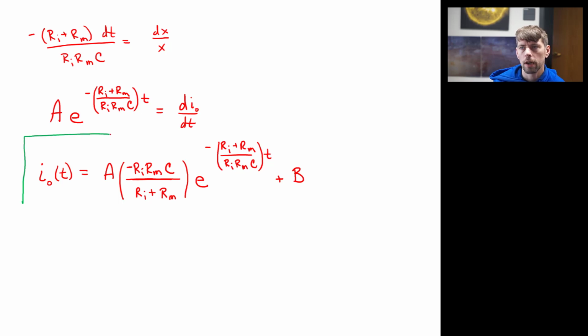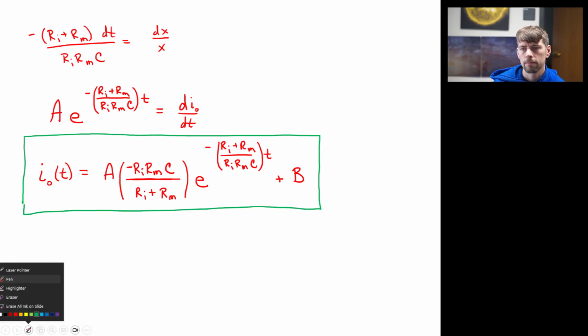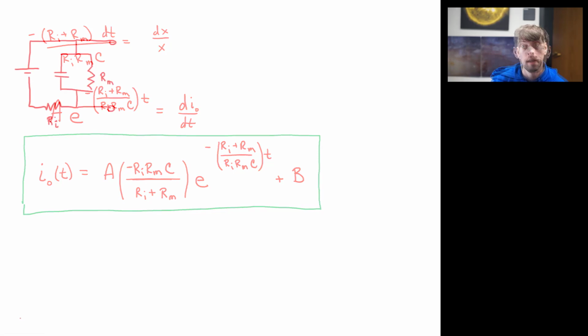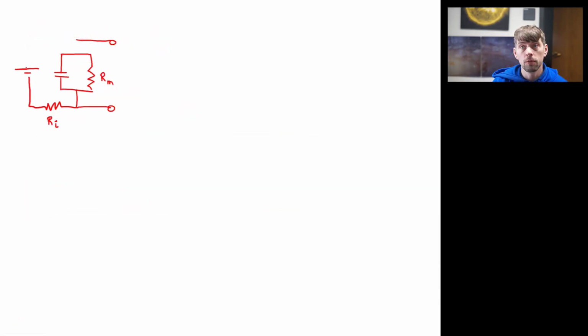We now have the current that is coming from the battery. Yes, it's ugly. Remembering that we're dealing with a charging capacitor, and I keep insisting on forgetting to put the switch in. Okay. We are dealing with the charging capacitor.